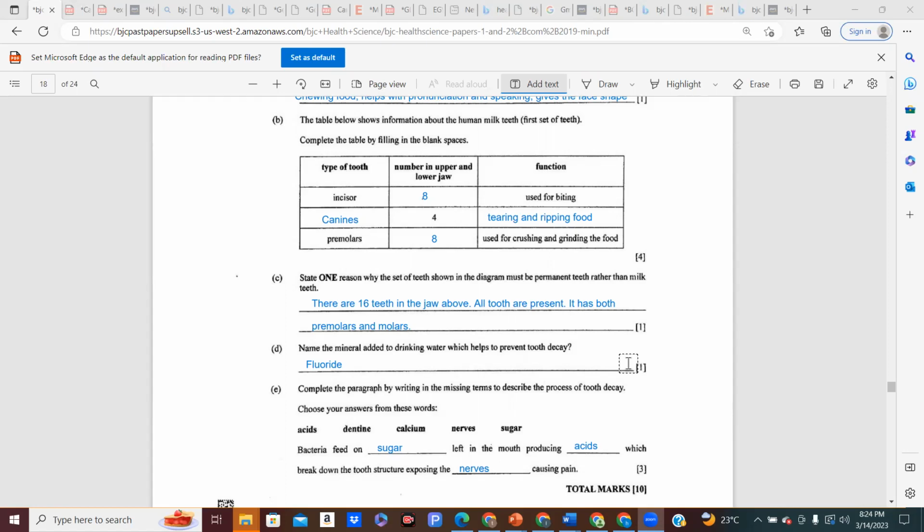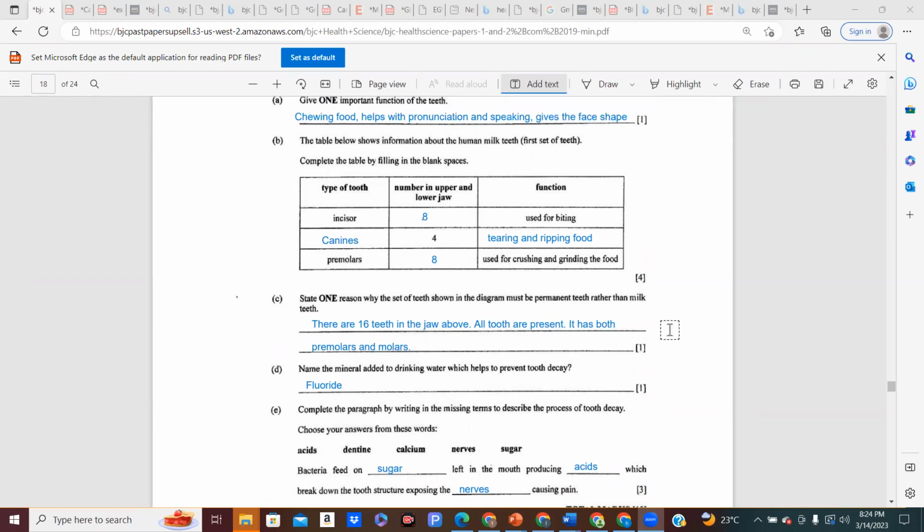Rachel, give me one important function of the teeth. One important function is that it's used for crushing and grinding food. Good.